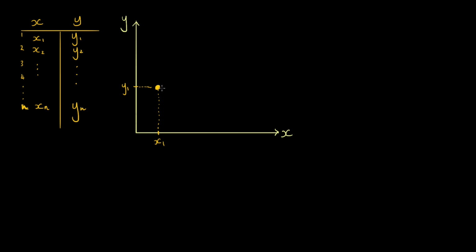This dot represents that first observation from the data. We can do this with all of our data points, x2, x3, x4, x5, and so on, just plotting our data points in this 2-dimensional space.